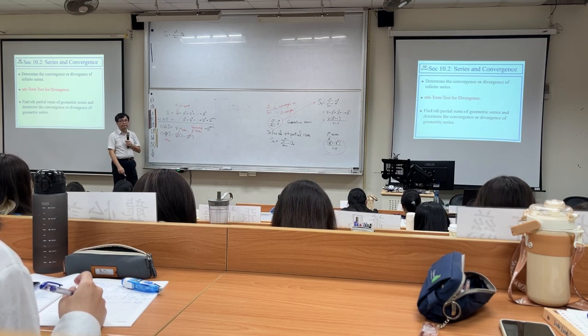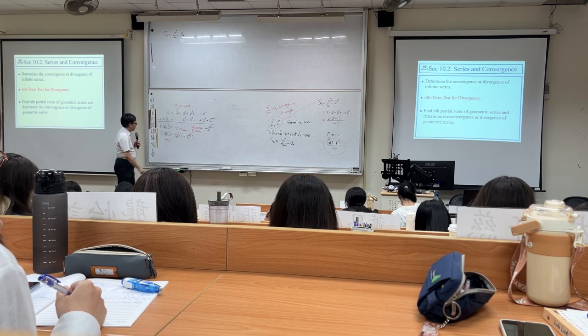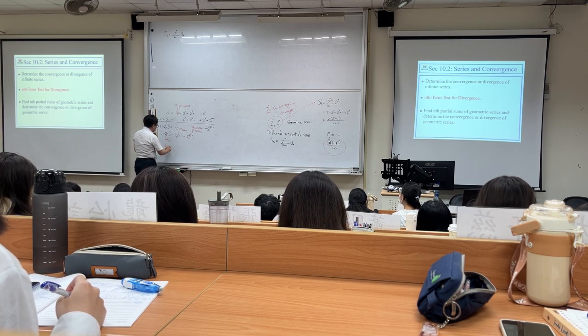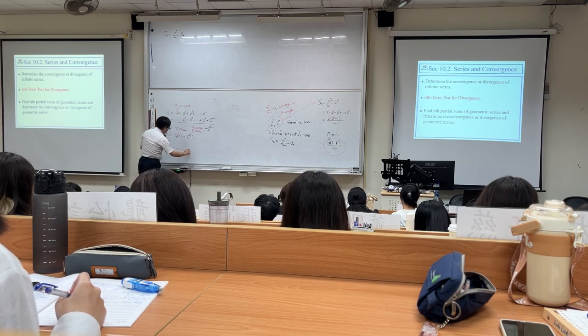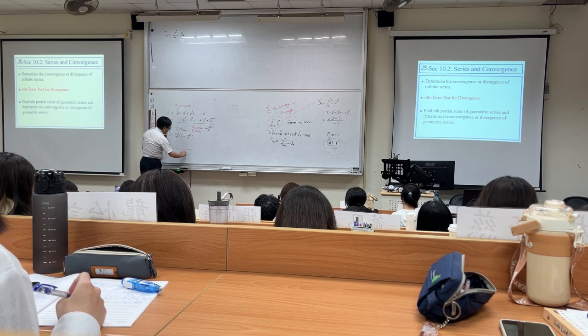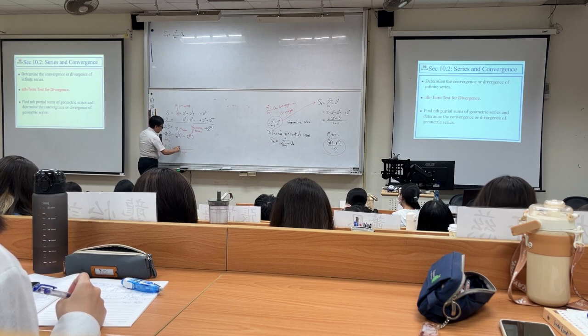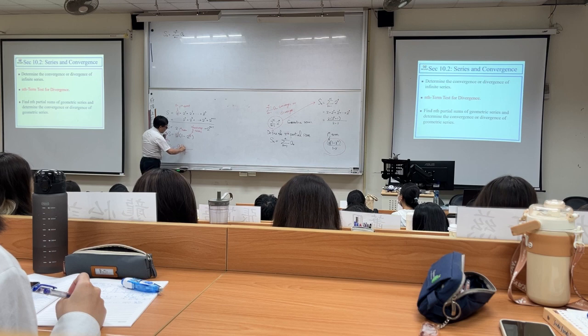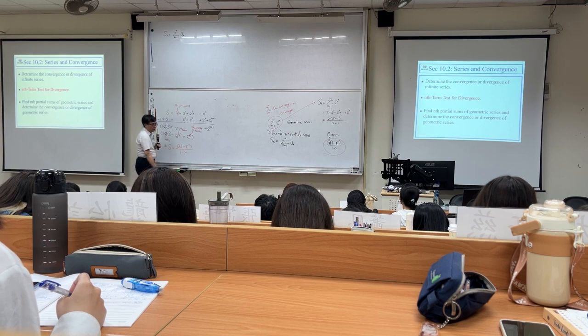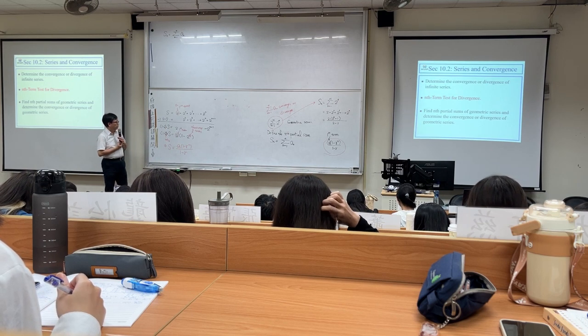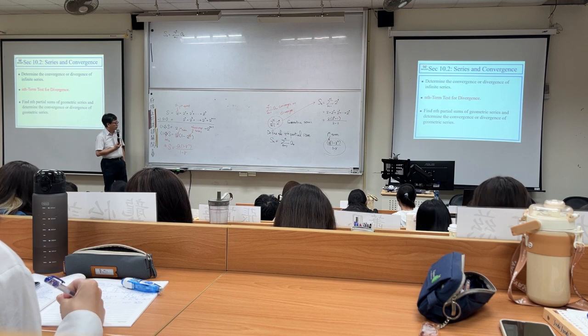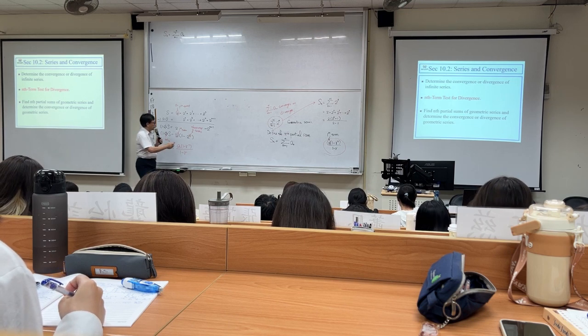Okay? So we imply s is equal to, basically the formula, the first term times 1 minus r to the n, over 1 minus r.